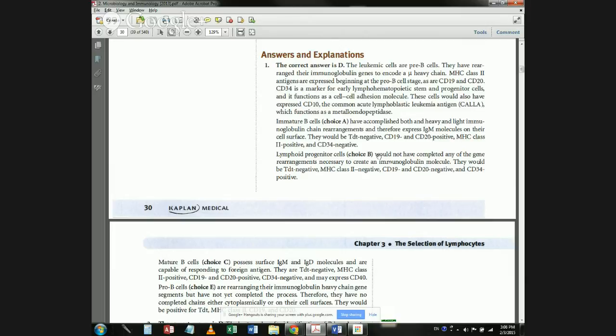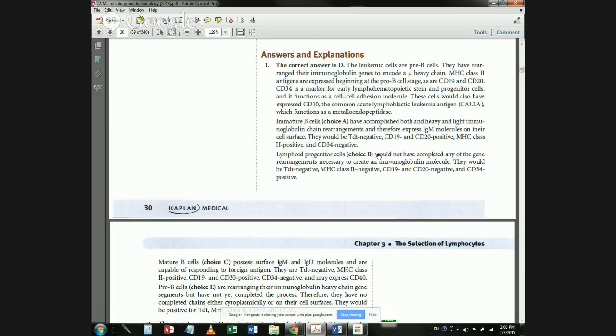They would also have CD10, which is the acute lymphoblastic leukemia antigen. I wonder if you could do a test to see if a cell has CD10, and if they do, it means you definitely have ALL. I don't know. Could be something. I would think so.